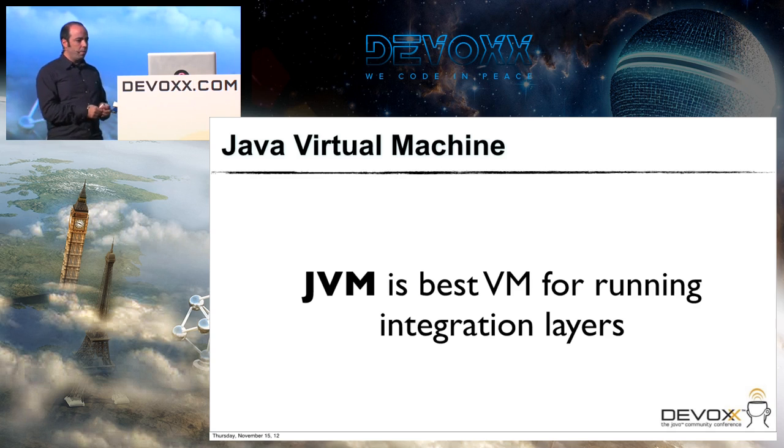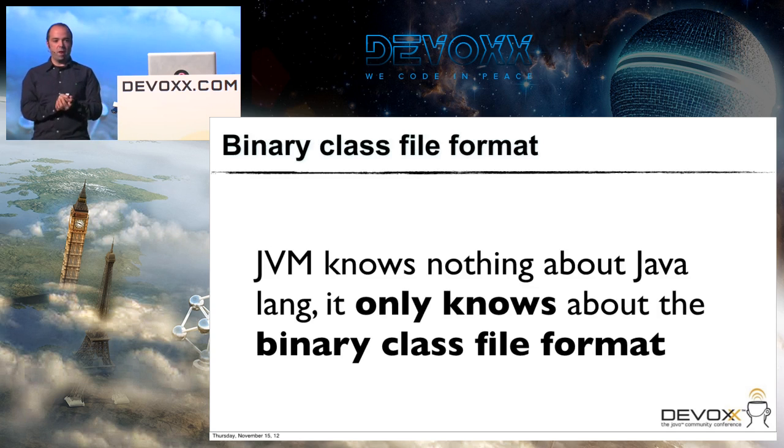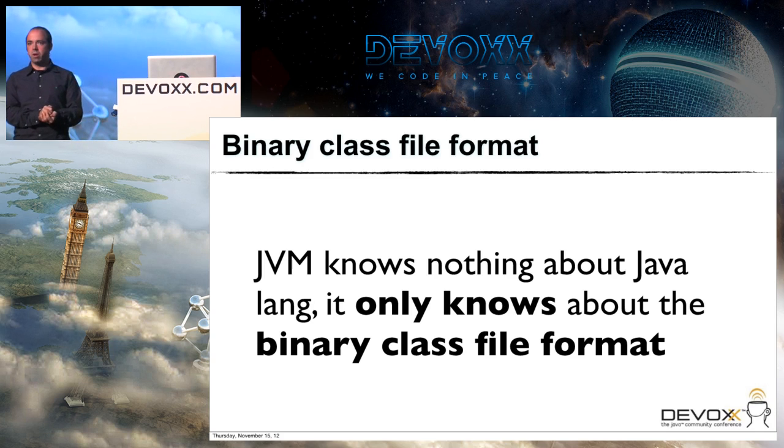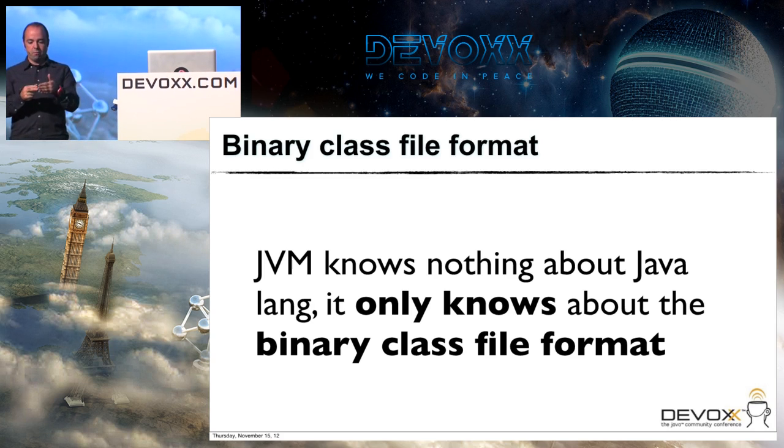And the cool thing about the JVM itself is that it's a very, very versatile platform where you can run pretty much any language on top of it. This is probably one of the best decisions that Sun made at the start. They made a virtual machine that could run any language that could convert into a binary class file format.